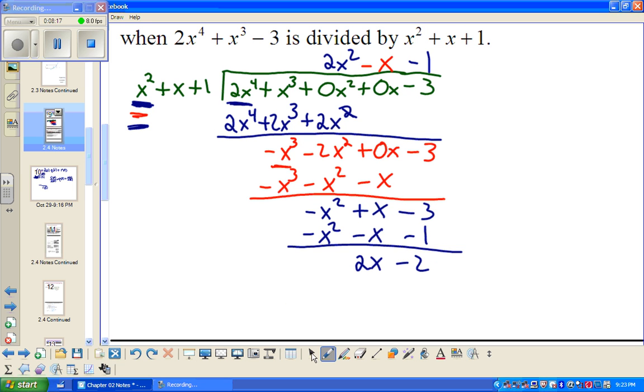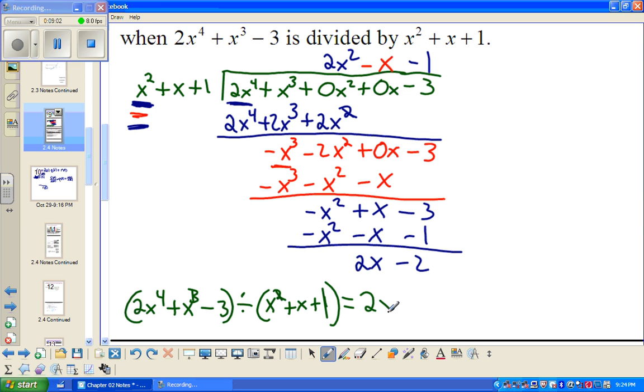Well, basically, this sums up as, if I take 2x to the fourth plus x cubed minus 3 and divide it by x squared plus x plus 1, I get for a result what I have up on top here.